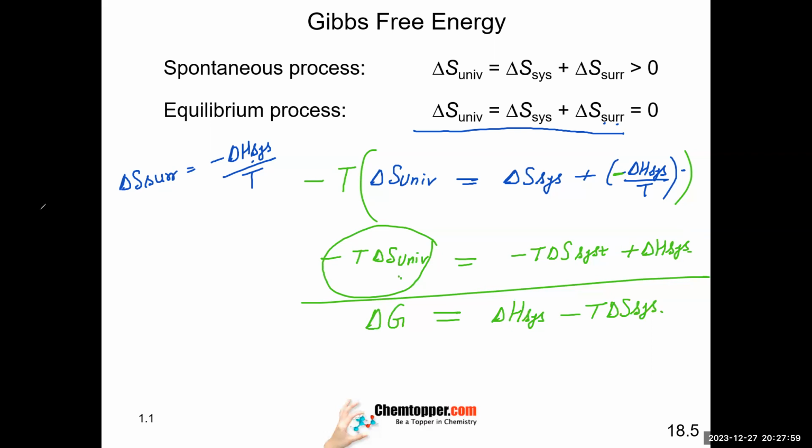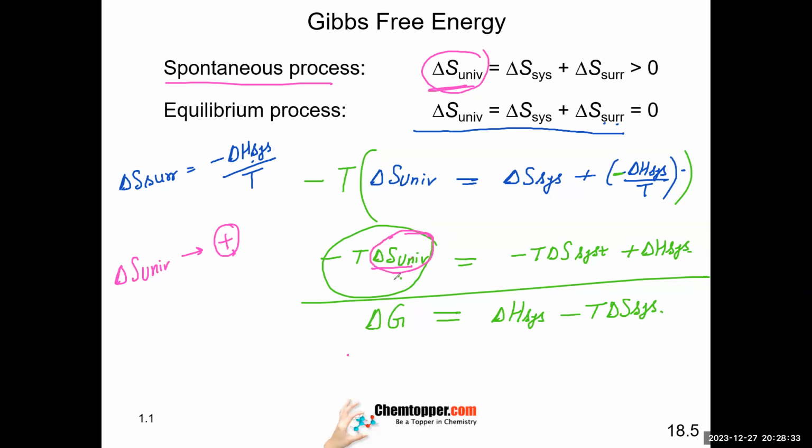Now, can you decide the sign of this delta G? Let's decide the sign of delta S. What do you want delta S universe, positive or negative, for a spontaneous process? What sign do you want for the universe? Positive. Increase in entropy. Remember, second law of thermodynamics, entropy of the universe is increasing. You want this to be positive, right?